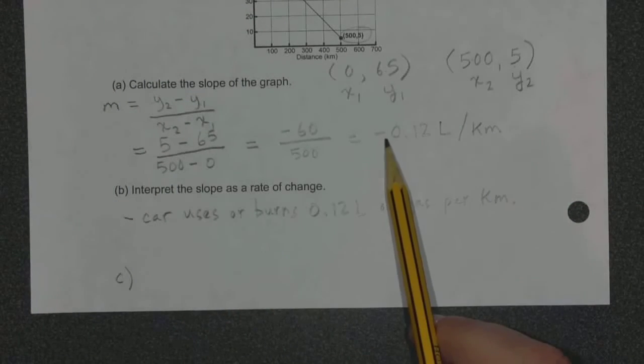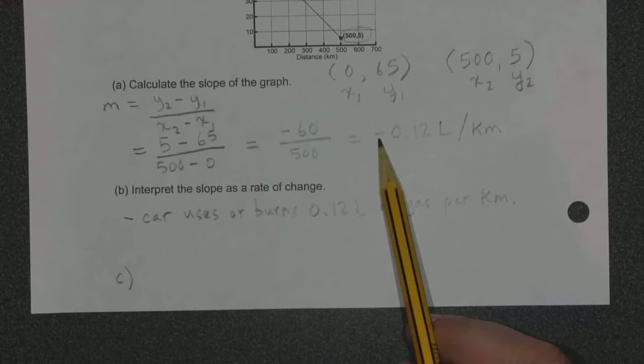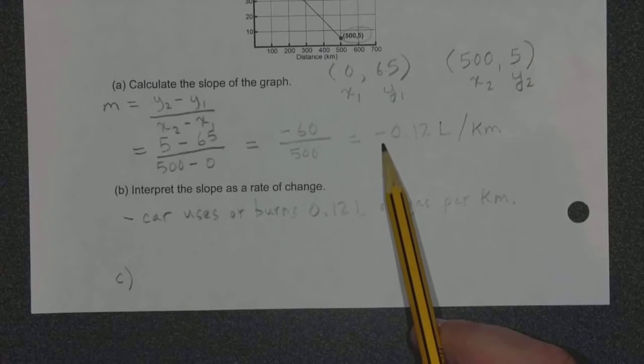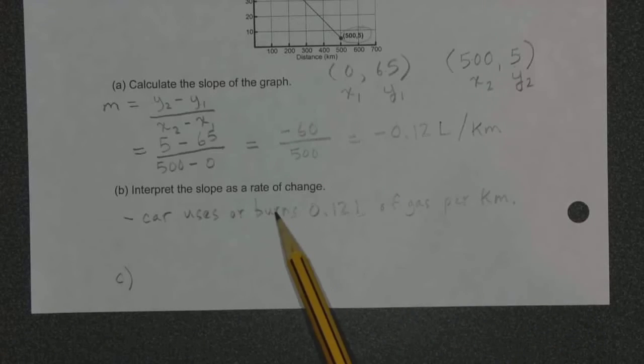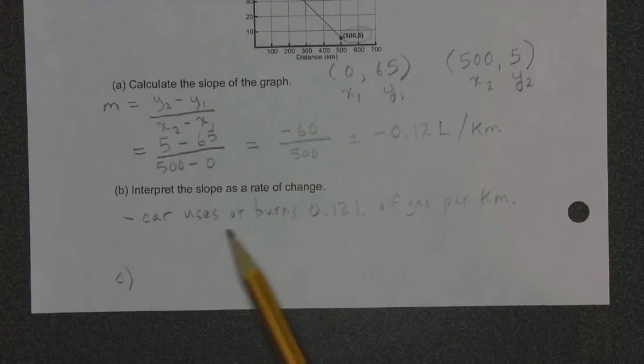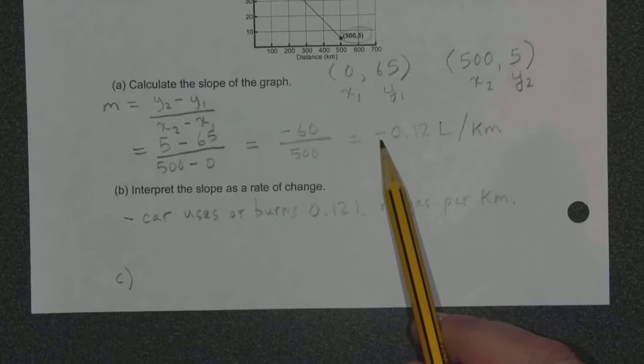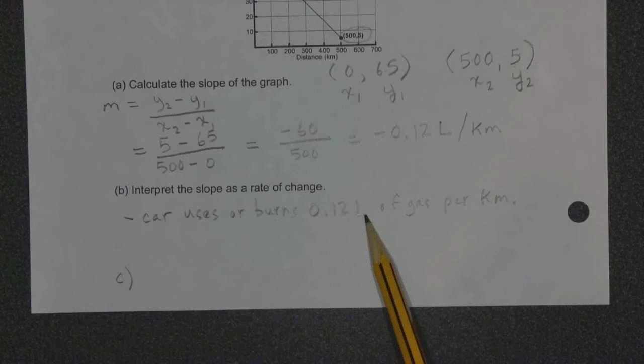The word burns takes care of the negative, okay, because you're losing gas. If this would be plus, you'd be gaining gas, which kind of doesn't make sense. So the more we drive, the more we burn gas. So the word burns or uses takes care of the negative. 0.12 liters of gas. Okay?